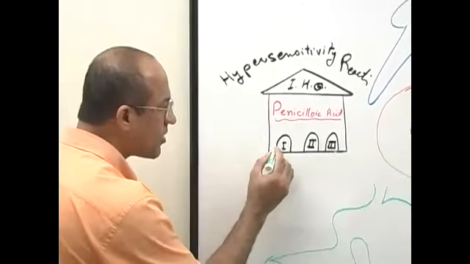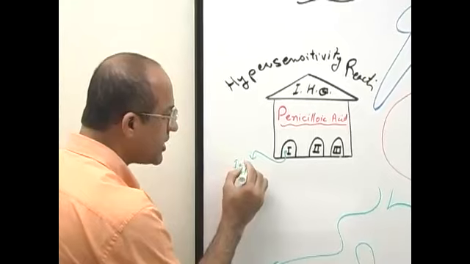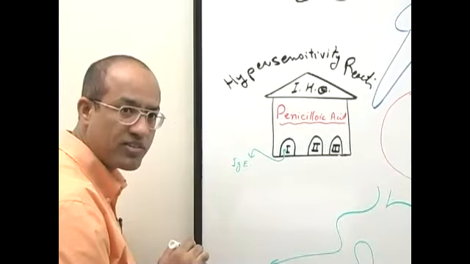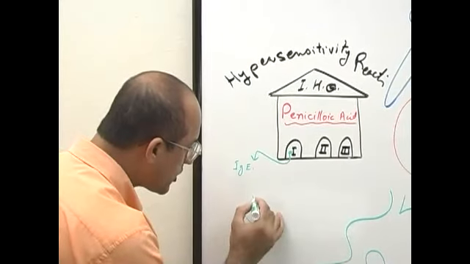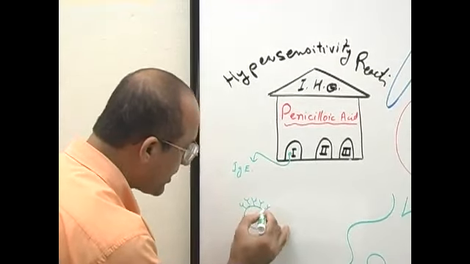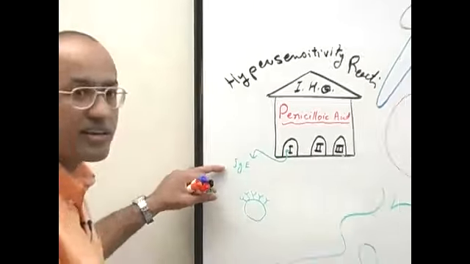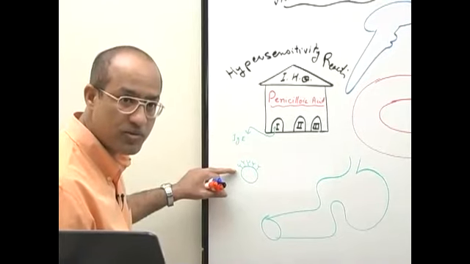What is happening? IgE is produced. IgE antibodies are produced against the penicillin or their metabolites, and these IgE are loaded on the mast cells and basophils. These are anti-penicillin IgE molecules which are attached with the mast cells and the basophils.